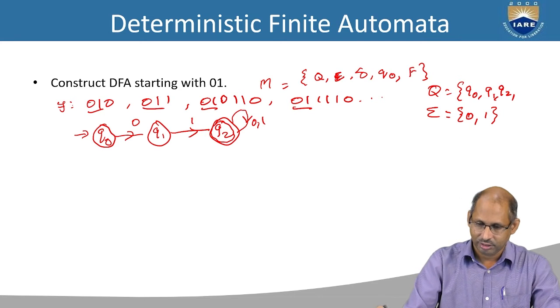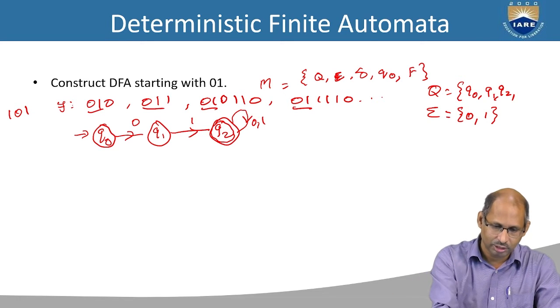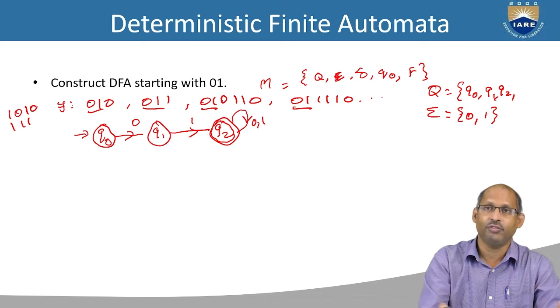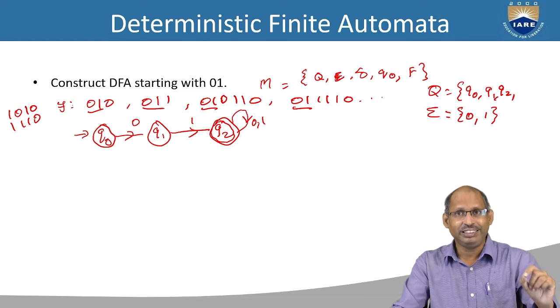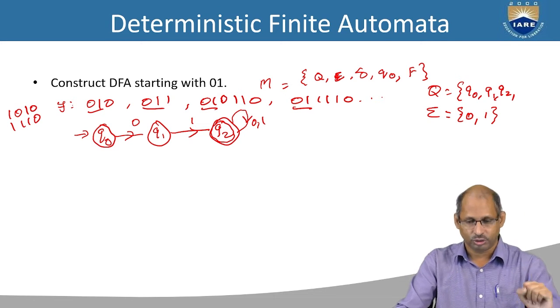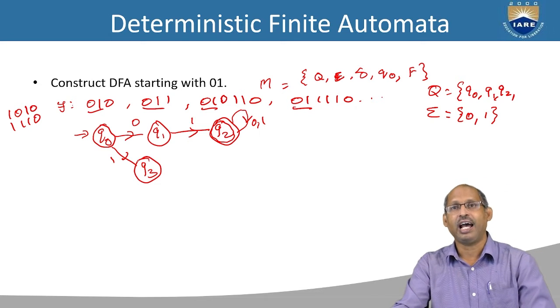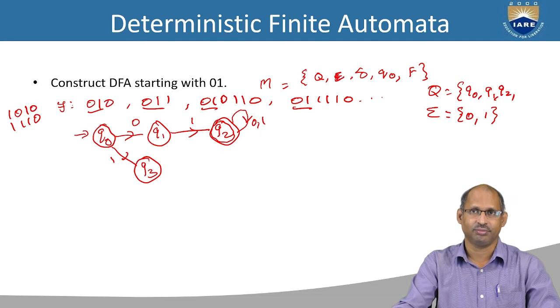Strings starting with 101, 1011111, 1010, 1110 are not accepted. Any string starting with 1 should not be accepted. So Q0 on 1 goes to some other non-final state.